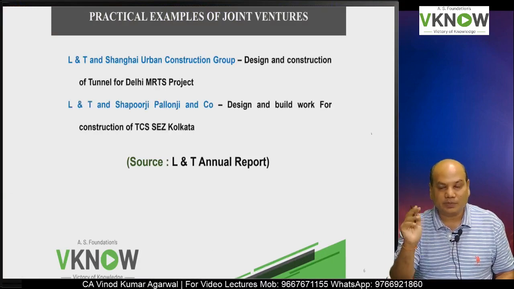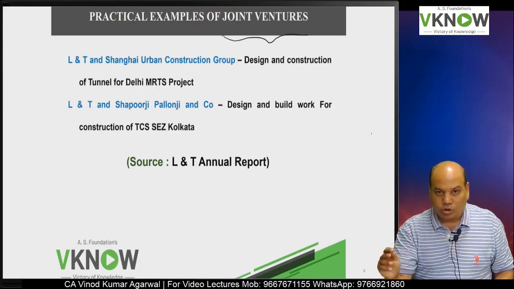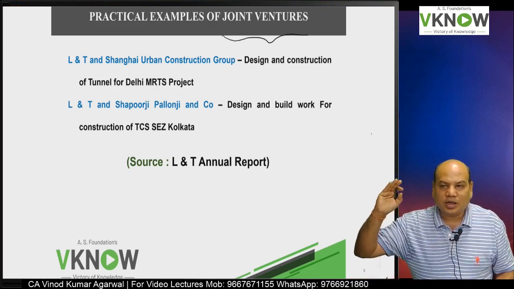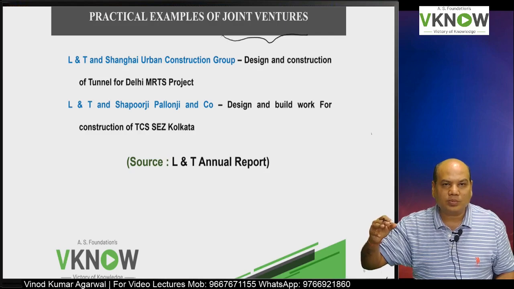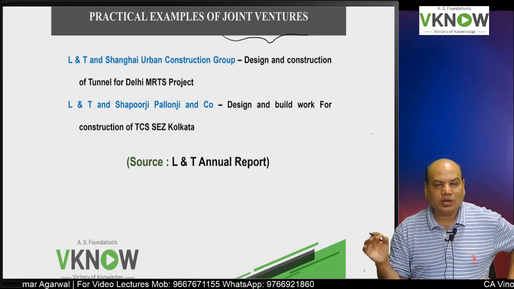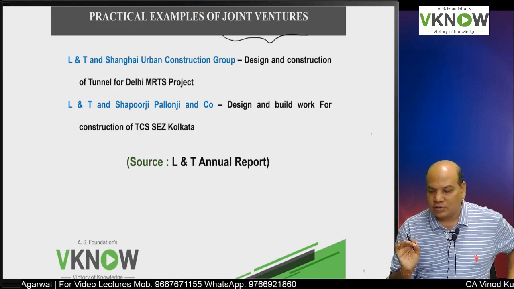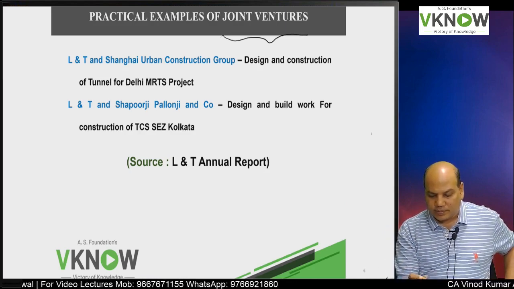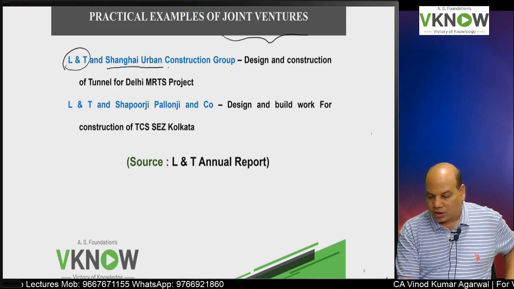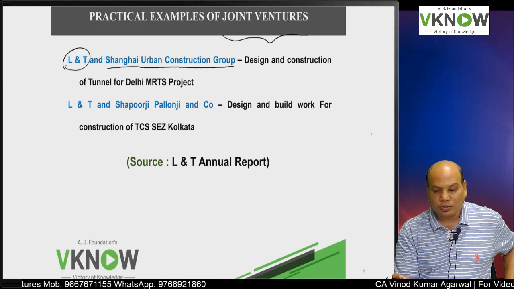Some real life examples of joint ventures, not to be written, not to be remembered. Practically nowadays more and more companies come together and do business together by entering into a joint venture arrangement. Example: you have heard about Larsen and Toubro, L&T, and Shanghai Urban Construction Group.